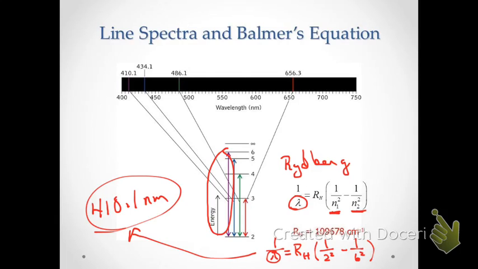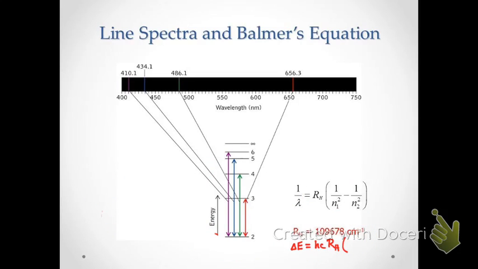Be very careful about the units, because the Rydberg constant is in inverse centimeters, and I've indicated the wavelength here as being in nanometers. Obviously, you're going to have to do some unit conversion. The centimeters have to be converted to nanometers, or vice versa, in order for this to work out.